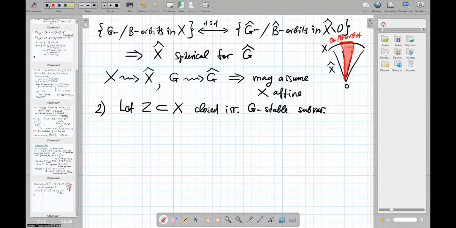I want to prove that Z contains an open B orbit. In other words, open in itself, in Z, not in X, of course.